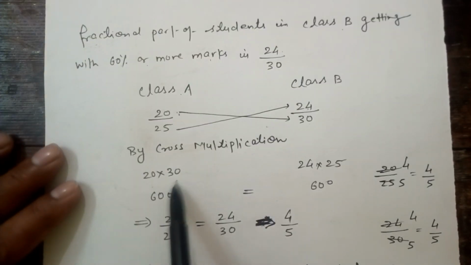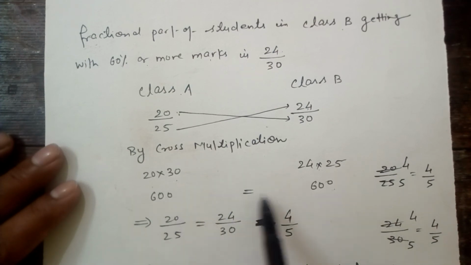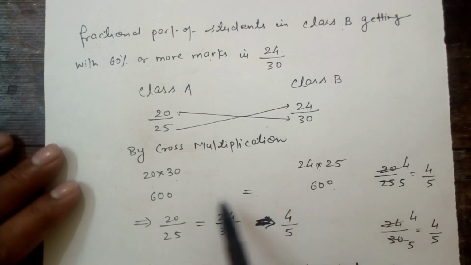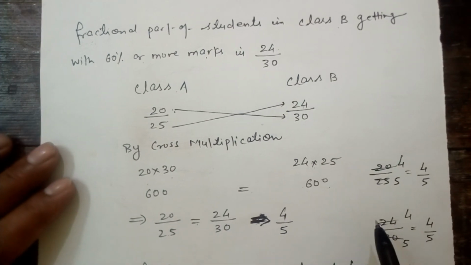20 into 30 will give you 600. 24 into 25 will give you 600. The meaning is both numbers are equal. Therefore 20 upon 25 is equal to 24 upon 30. It will give you 4 upon 5. How?